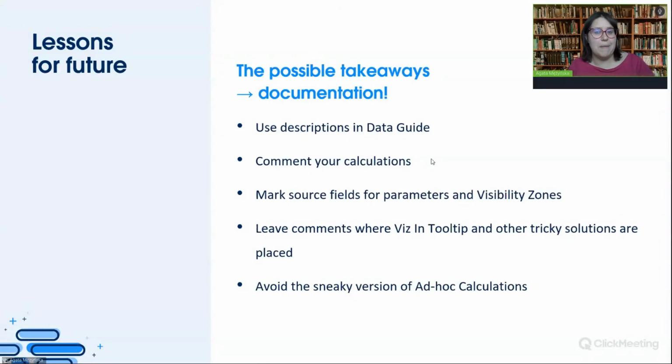And that kind of comment is available not only for calculations, but also for sets, parameters, and all other kinds of tools. So it's really worth using these as well. They will be available once you hover with your mouse over the data pane, because they will appear there in a tooltip.